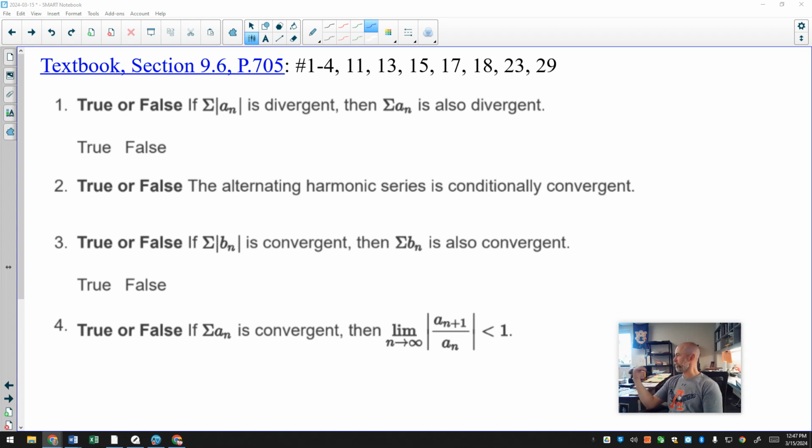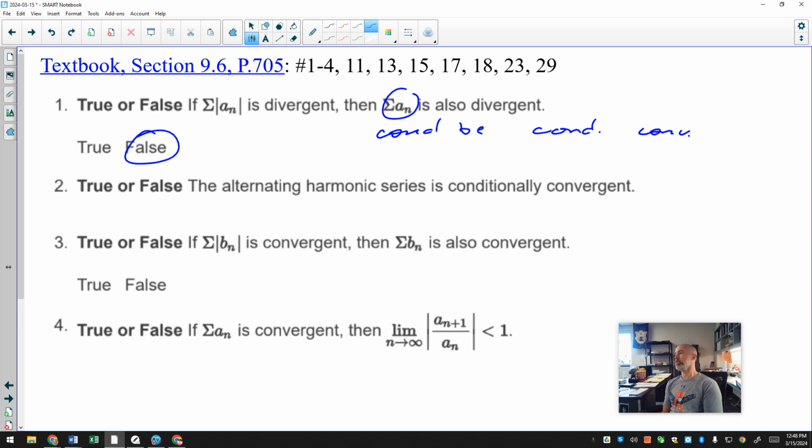An alternating series would be the type. The word I'm looking for is conditional convergence. If the absolute value diverges, the original could converge if it's conditional convergence. So that's false.